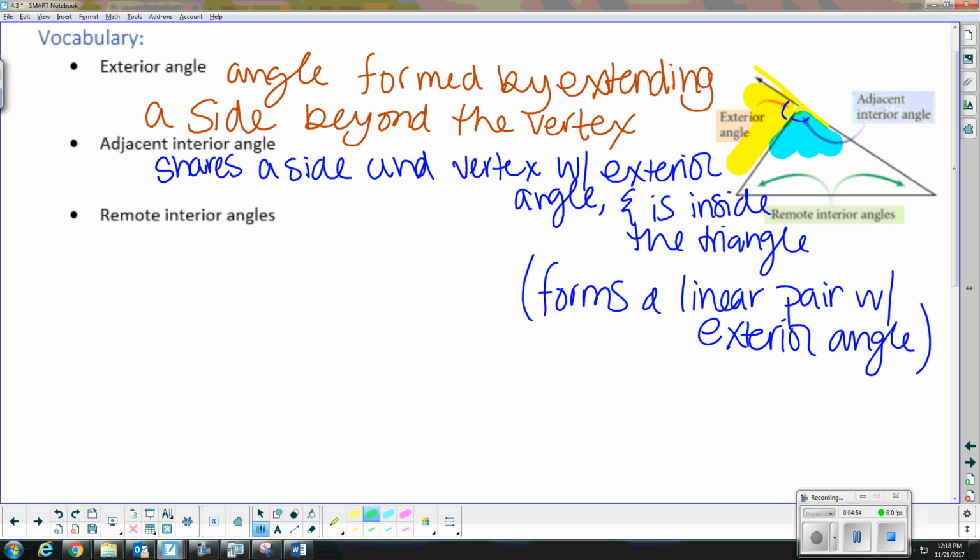All right, and then the last term is the remote interior angles. So here are our remote interior angles. They are inside the triangle, but they're the two angles that do not share a side with the exterior angle.